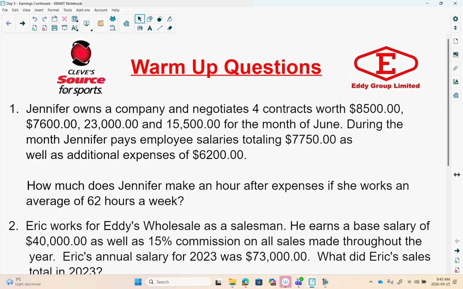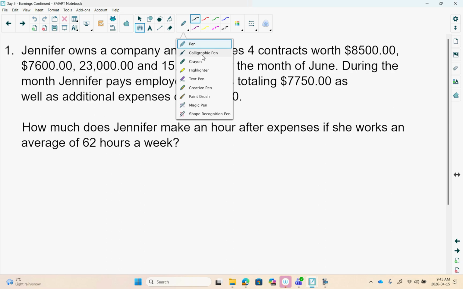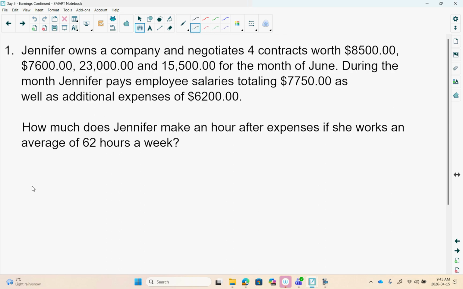So the first thing we have to do with this question is we have to figure out her revenues. Okay? That is money that's coming in. That would be the total of her 4 contracts. So I am going to take the 8,500. I'm going to add 7,600. I'll add 23,000.